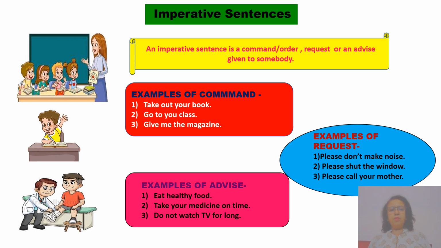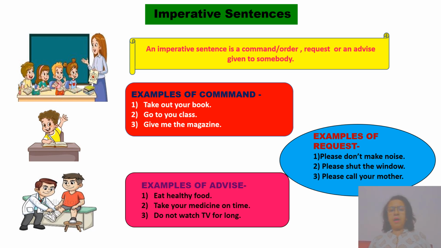So here we move on to learning imperative sentences. An imperative sentence is a command or an order. It can be a request, or it can be advice given to somebody. Now, what is a command or an order?